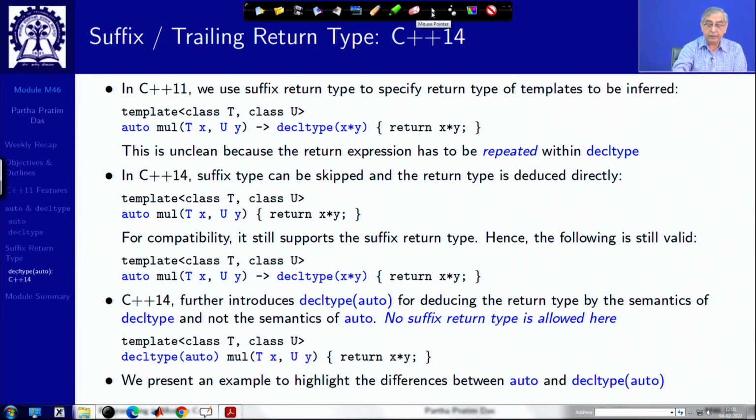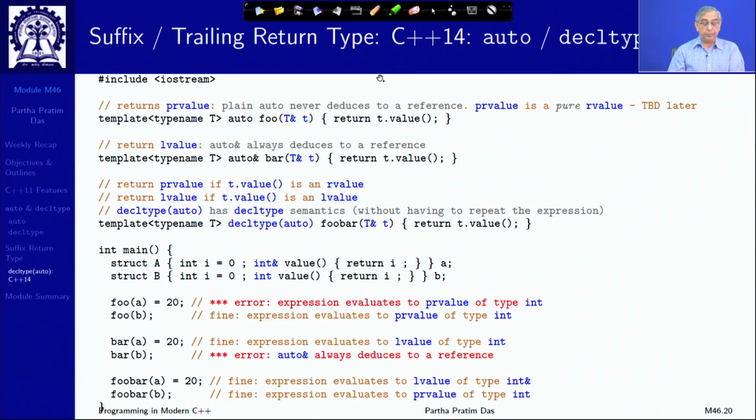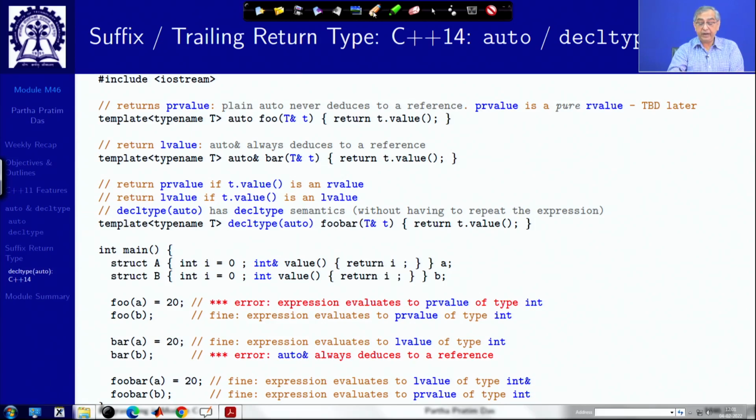So, we will present a simple example to show what the difference is. Here, I have defined three functions, foo, bar and foo bar. Let us first look at the parameters. Parameters are going to be struct A or struct B, both of which have a member function value.